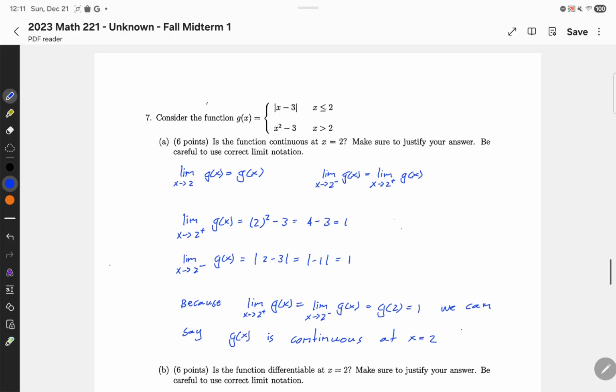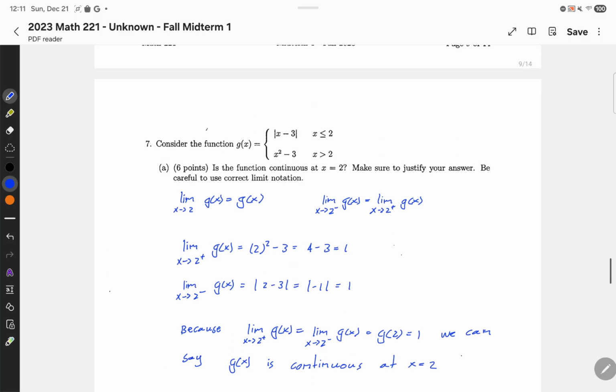Well, this is going to be tricky, except we can notice that this is only defined for x less than 2. And this x minus 3 is always going to be negative when x is less than 2, right? The only way that this term here in the middle would be positive is if x was greater than 3. So we can actually rewrite this as minus x minus 3, because we're always going to have to be inverting it because x is less than 2, or we can rewrite this as 3 minus x.